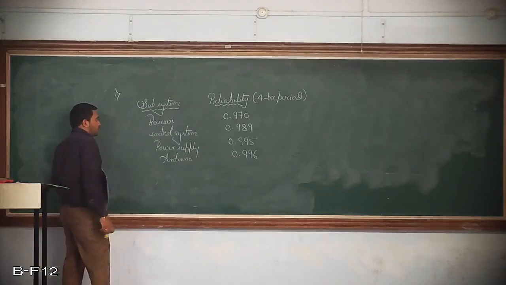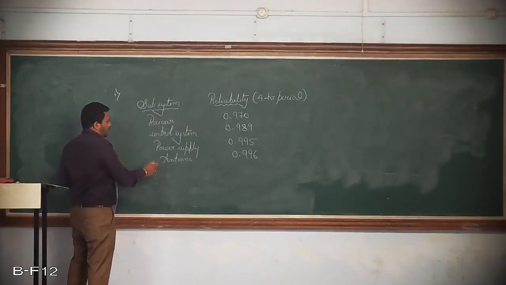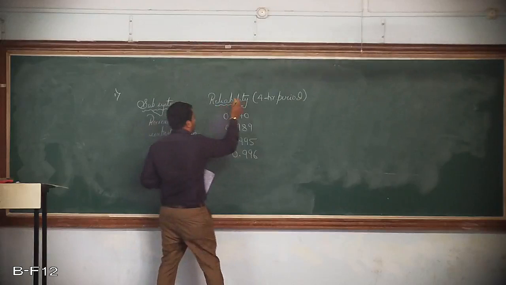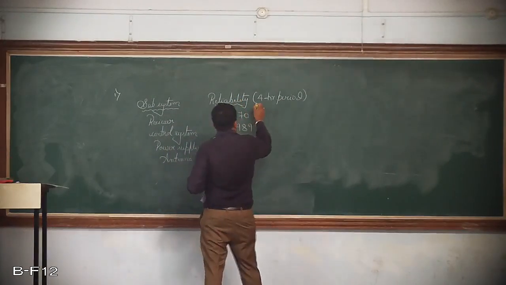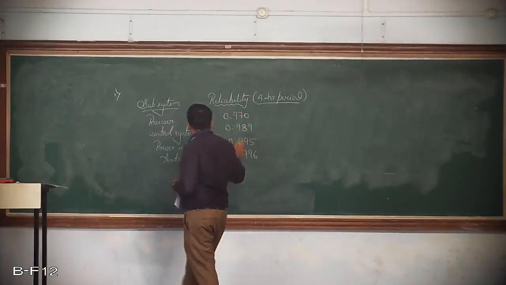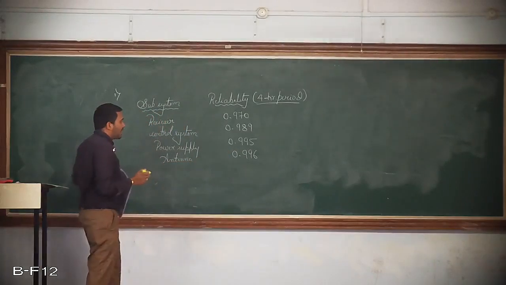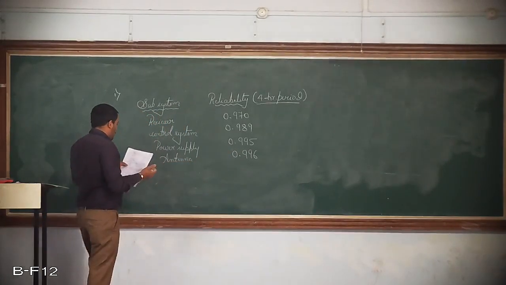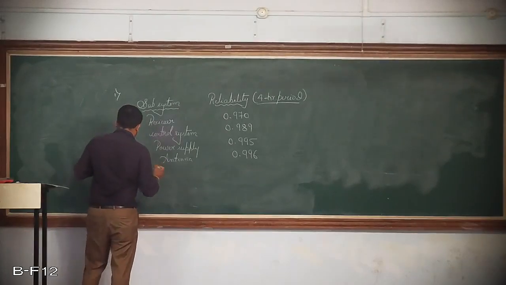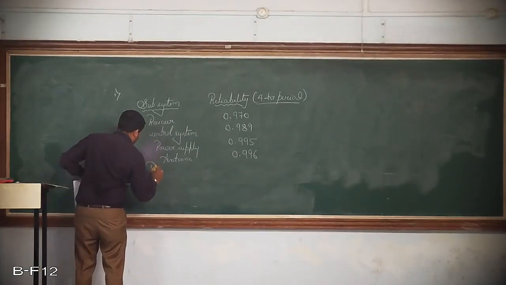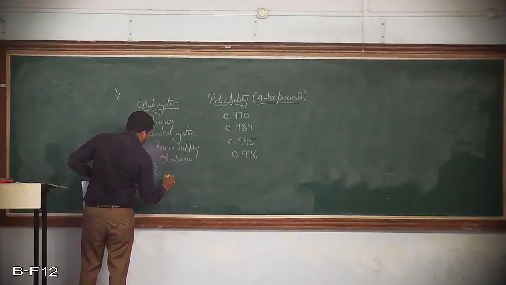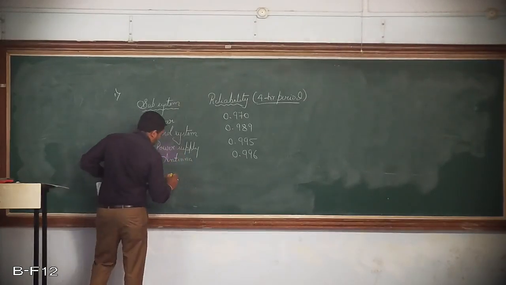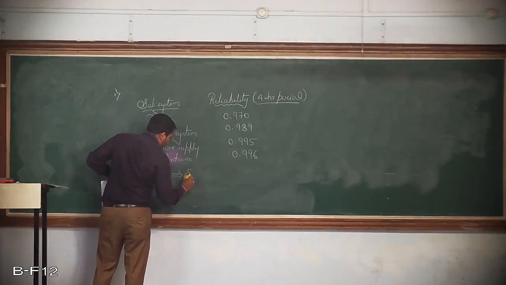There is a communication system which has the following parts or subsystems, and the reliability of these subsystems for a 4-hour time period is given as 0.970, 0.989, 0.995, and 0.996. So they have asked you to find out the reliability of the entire system, assuming the subparts are connected in series.